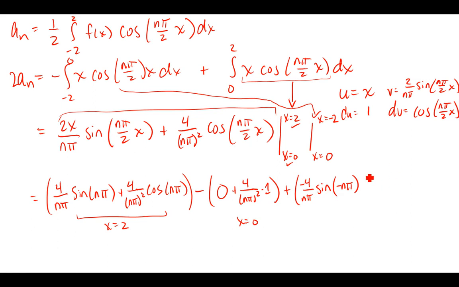And then over here, I'd have 4 over n pi squared again, and then cosine. When I do x equals -2, I get cosine of -n pi. Okay, that's my x equals -2.